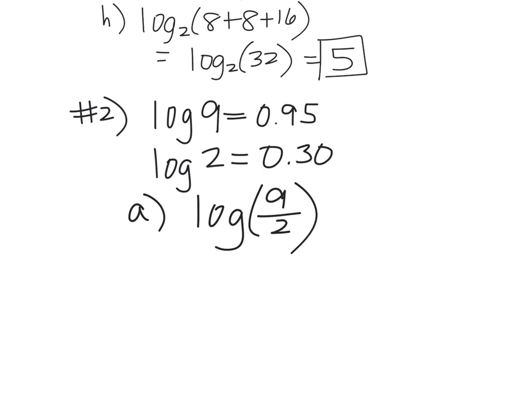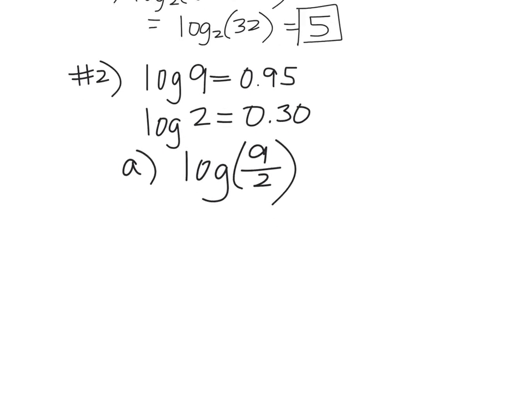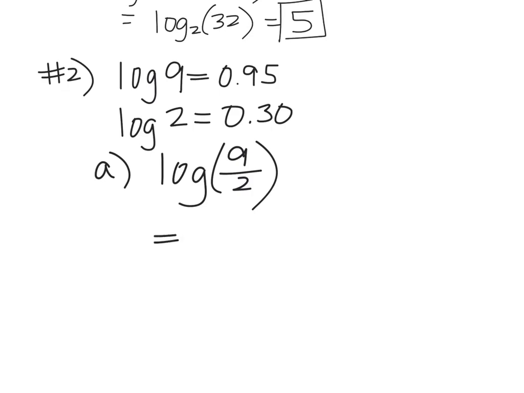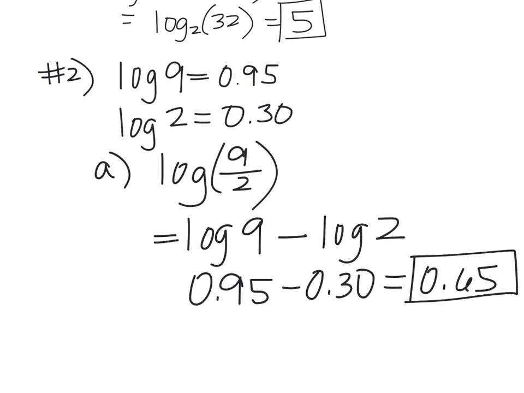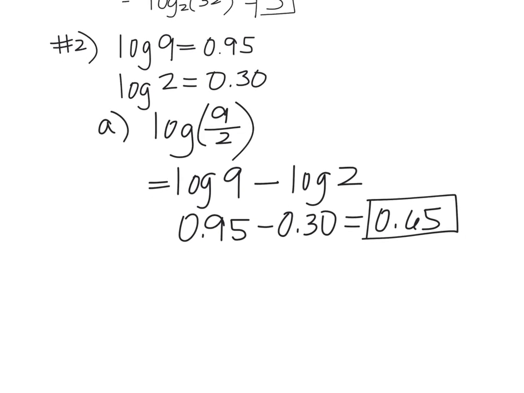And you're still not allowed to use a calculator. You're only using what they gave you. So use your log properties. This is log of 9 minus the log of 2. And guess what? They gave you what those are. So log of 9 we know is 0.95, and the log of 2 is 0.30, and then we subtract and we get 0.65. Nice, huh?